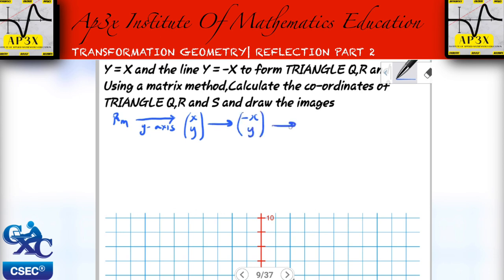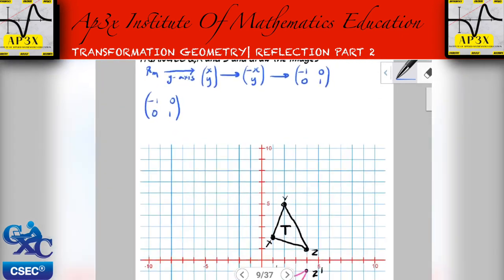So the matrix for this works out to be [-1 0; 0 1]. So once again we're going to be using that matrix, [-1 0; 0 1], and we're going to multiply it by the object that you're reflecting.